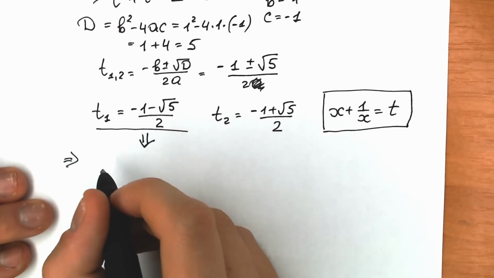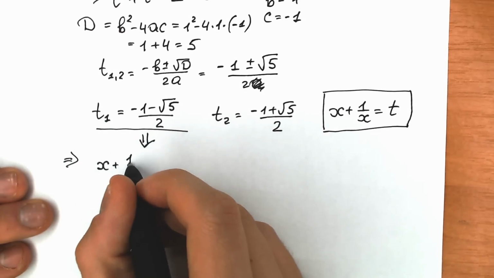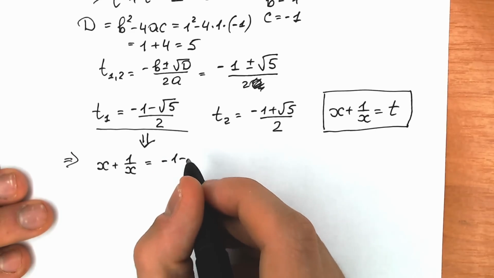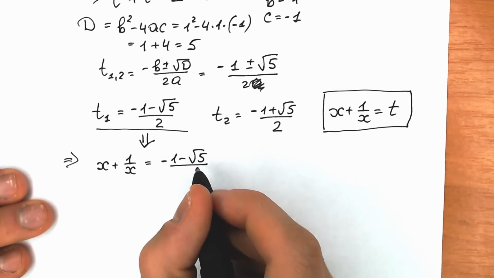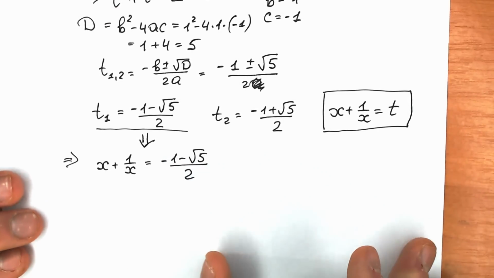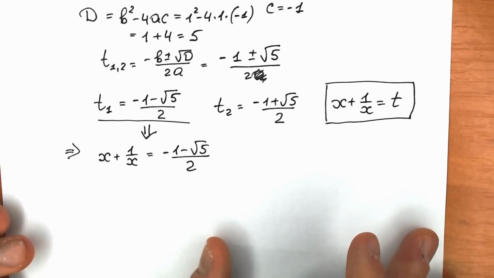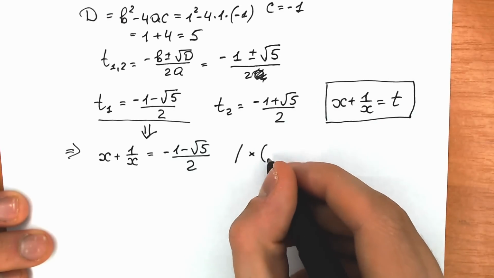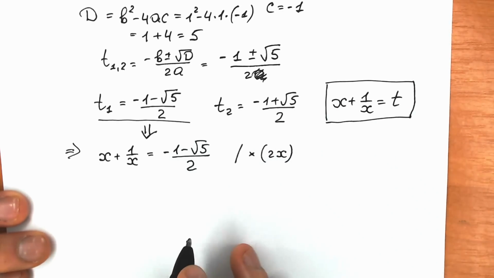As a result, what do we have? We have x plus 1 over x is equal to minus 1 minus square root of 5 over 2. Let's solve this equation. Let's multiply both sides by 2x. When we multiply both sides by 2x, we will have a really interesting expression.